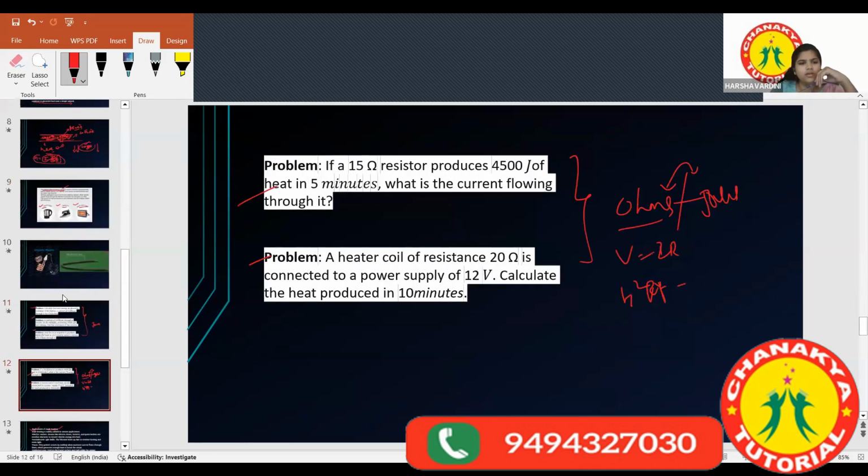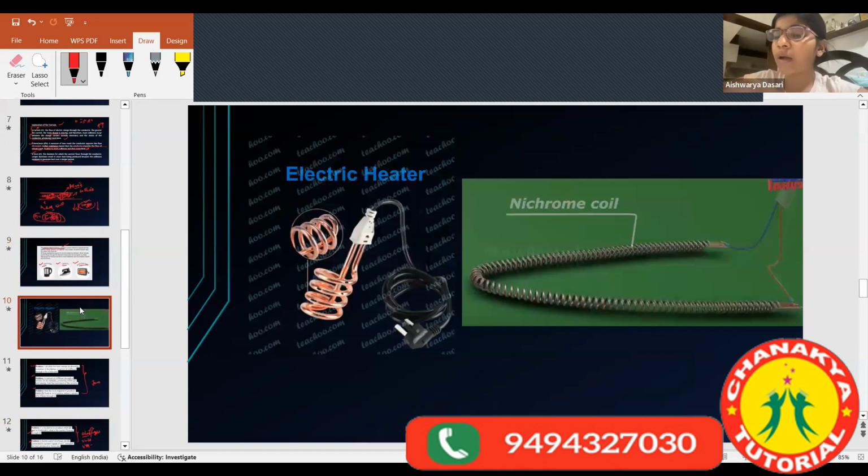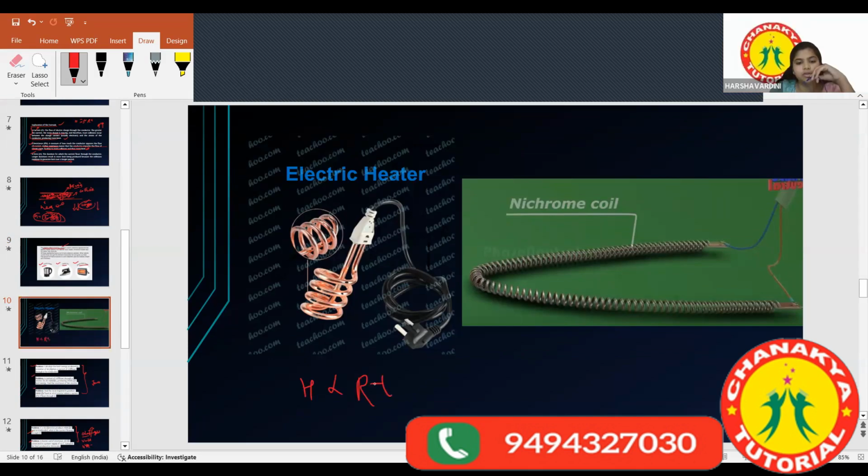Can we try problems now or see the heating effect first? Ma'am, is H proportional to resistance and time? Yes, directly proportional to resistance and time, and directly proportional to the square of the current.